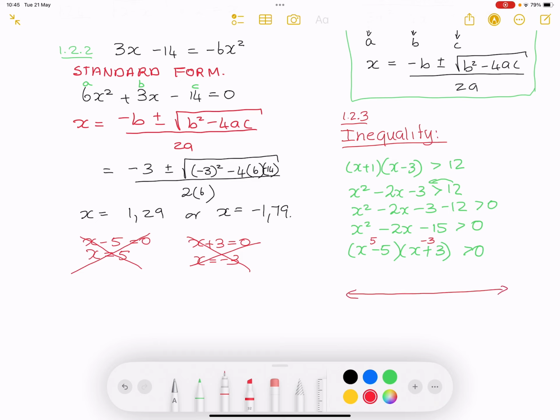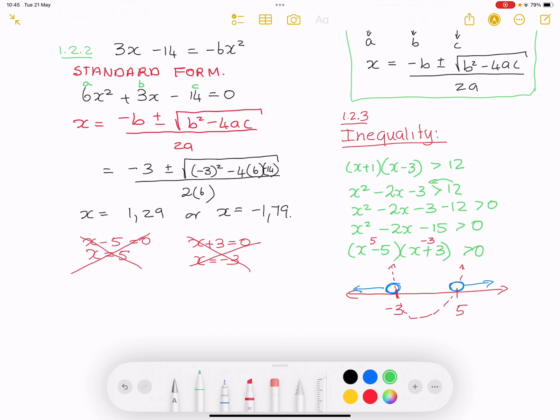Then you get negative 3 and 5. And usually it is a parabola that's going there. So your answers are going to the outsides, but because there's not an equal to, now you write it in the correct form.